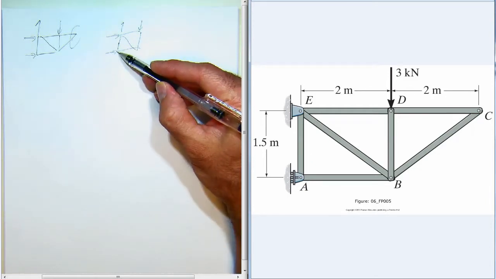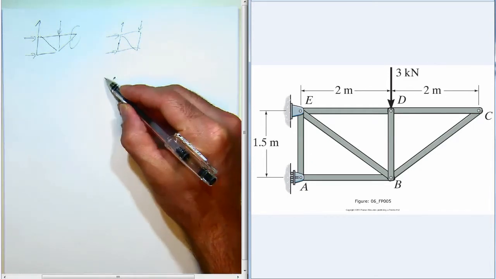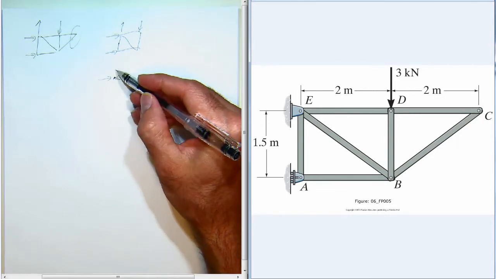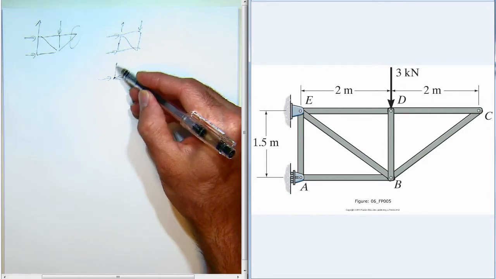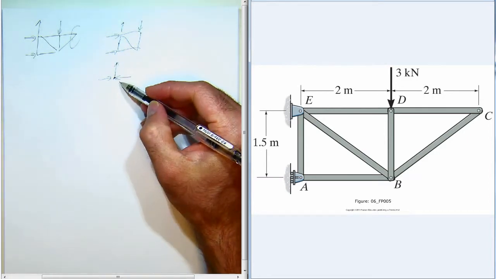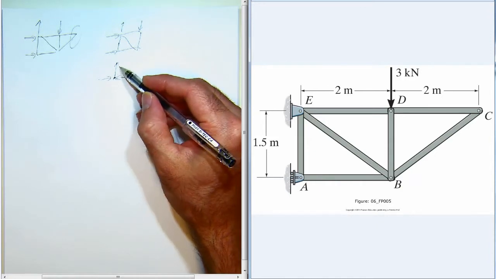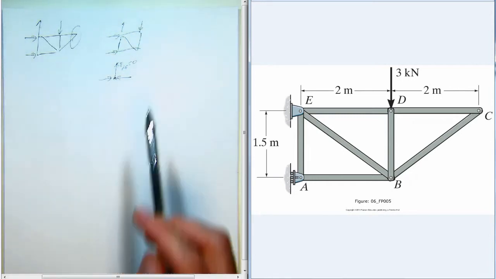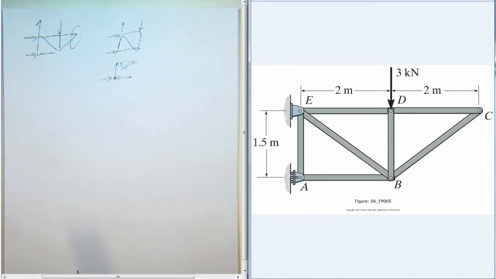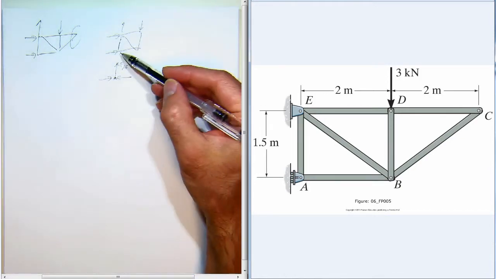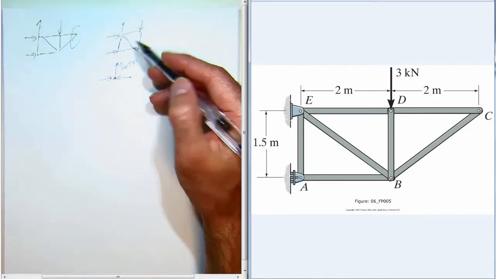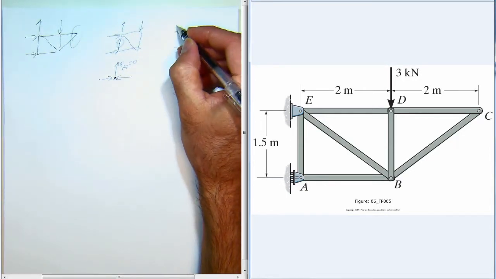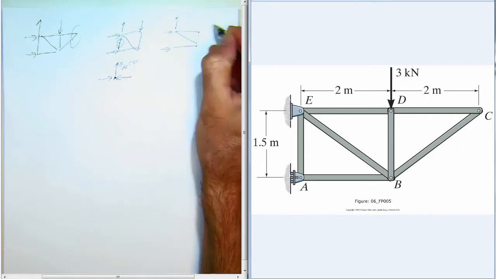So if we did the free body diagram of point A, we would have force from the support, force from member AB, and then force here from AE. And the force balance in the y direction tells us that FAE is equal to 0. And it's like the condition where we had three members, two of which were parallel, and no other force applied to that joint. So this is a zero force member. So just redraw the truss again without that zero force member.